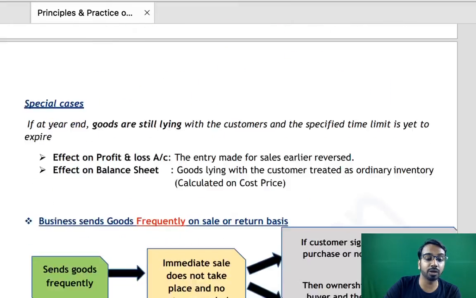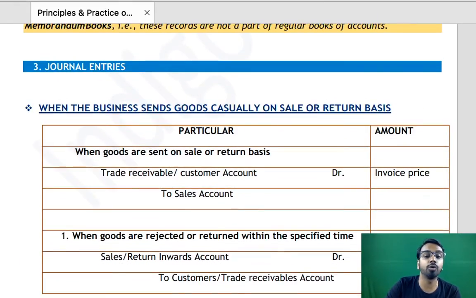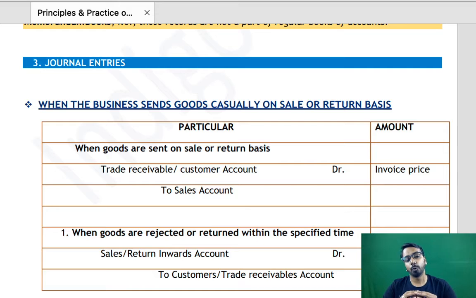Now when it is casually, when the transactions are few, how do you account for it? Whenever you send goods on sale or approval or return basis, the first entry, that is the sale related entry, is passed as if the sale has actually been made. We pass a sale entry in spite of the fact that the sale has not yet happened: trade receivable or customer account debit to sales account.